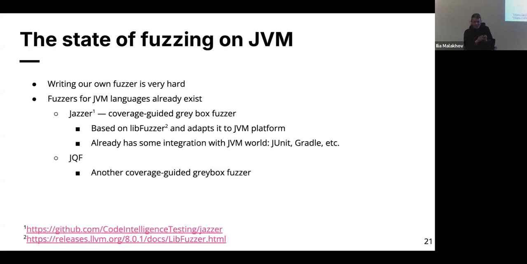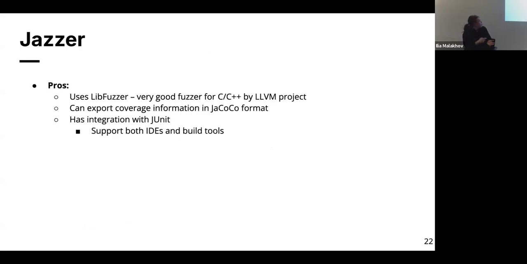First of all, we realized that writing our own fuzzer from scratch is very hard and takes a lot of time. So we searched for existing tools, such as Jazzer or JQF. Both are coverage-guided gray box fuzzers. We evaluated them, and the best one was Jazzer.